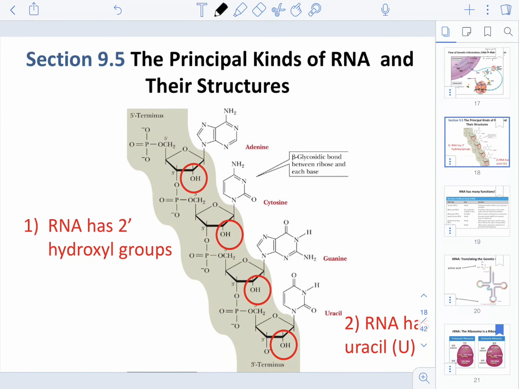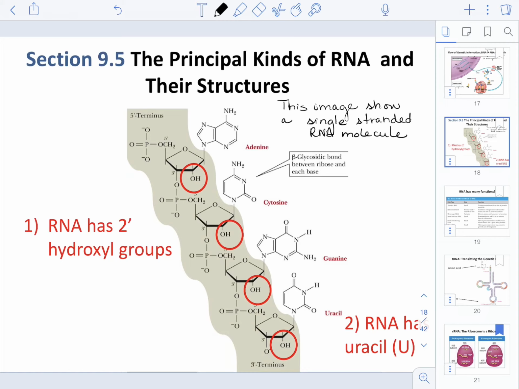When it comes to the principal kinds of RNA and their structures, the image that we have in this slide represents a single-stranded RNA molecule.